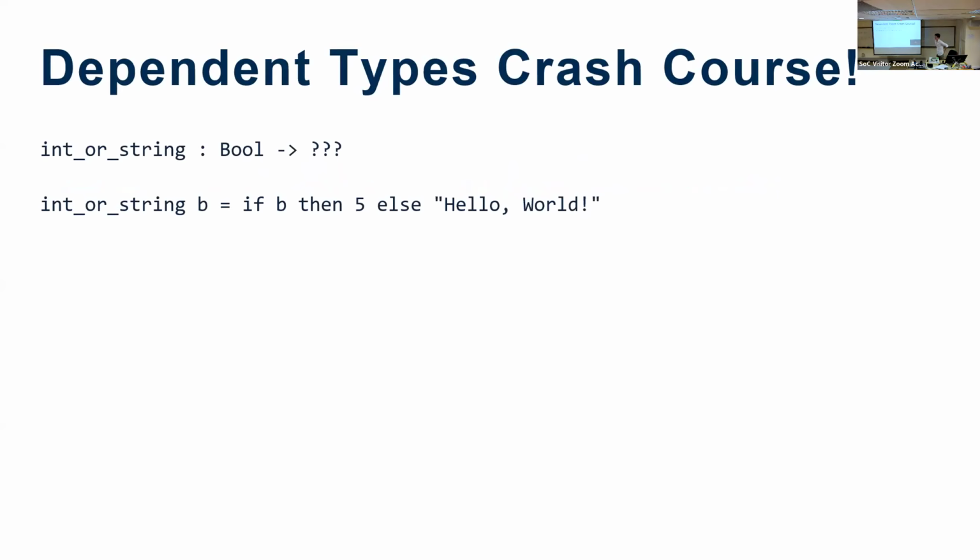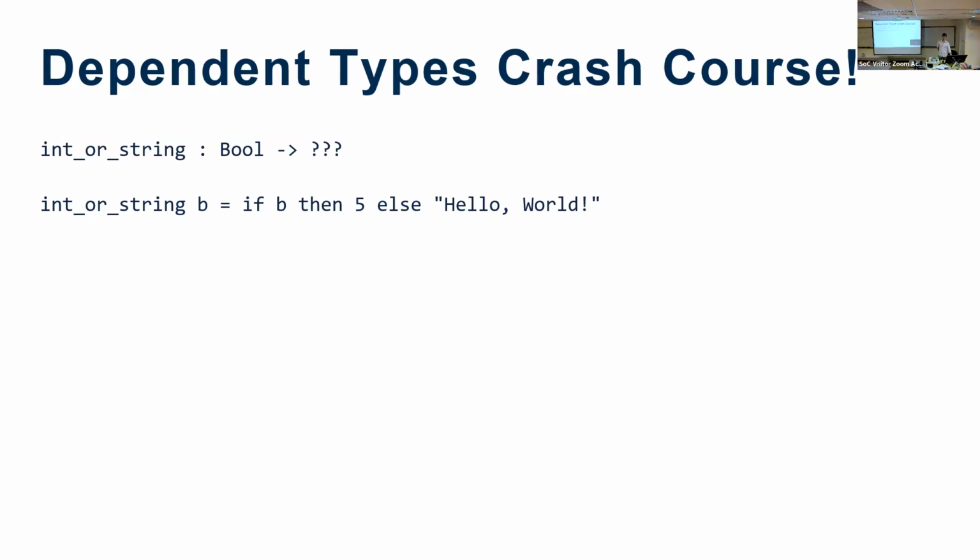Yeah, all right. Cool. So consider this function. Super helpful. You might write this yourself. This function takes a Boolean; if it's true, it returns 5, otherwise it returns the string hello world. You might try and give it a type. But if you're working in a language like Haskell, you might have a bit of trouble doing that.